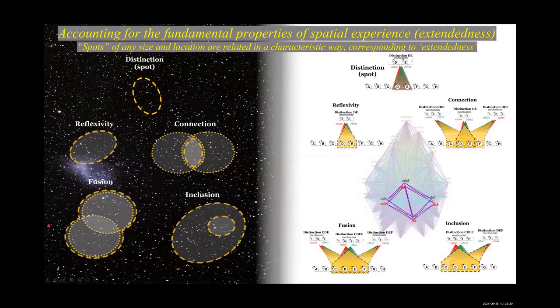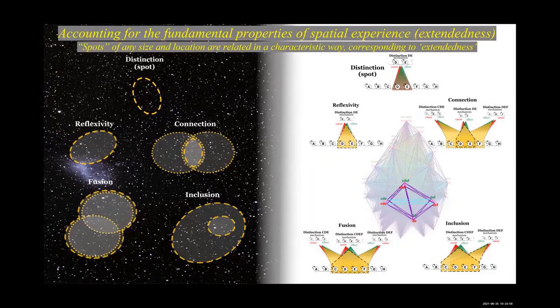And so the phenomenological analysis, which for space is doable to some extent by introspection, identifies as basic distinctions for spatial experience spots, for lack of a better word, which are any subset of the canvas of visual space, for instance, or body space that you can sort of focus on. And there are, of course, a huge number of spots of any size, any location in the visual field, for instance.